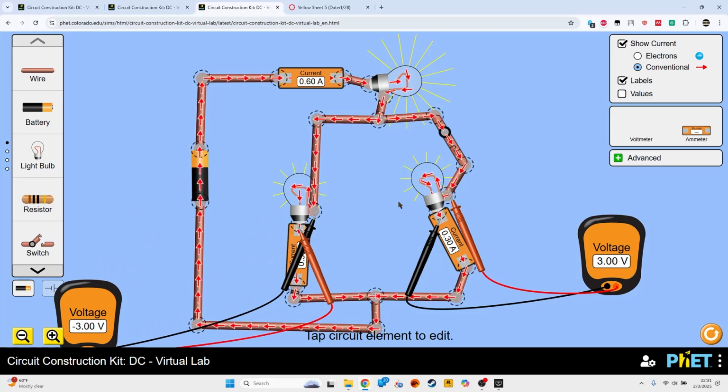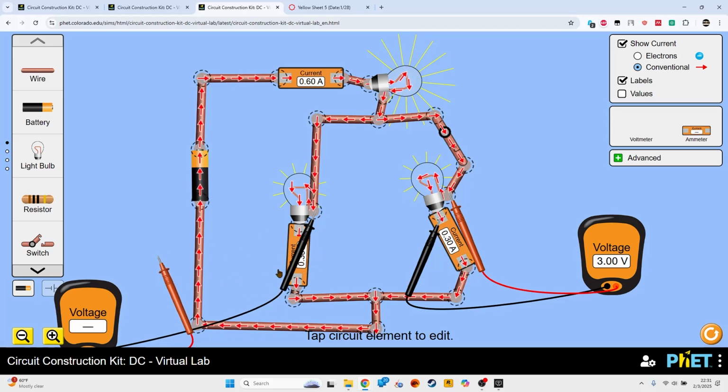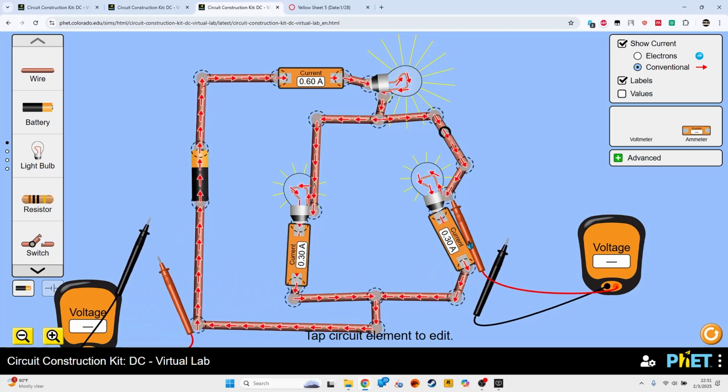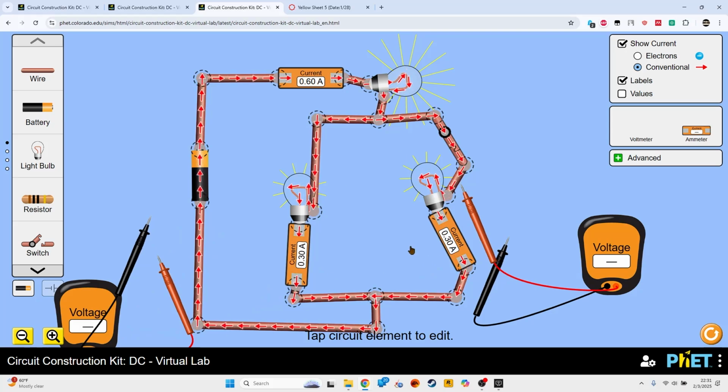So that means these light bulbs, which are light bulbs 2 and 3 in the diagram, are in parallel. And the combination of those two is in series with this light bulb, because when you combine them, they have current 0.6 ampere and this one also has 0.6 ampere.